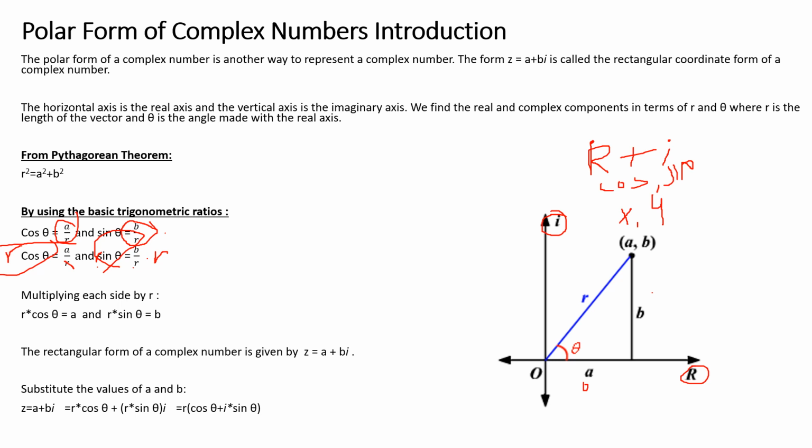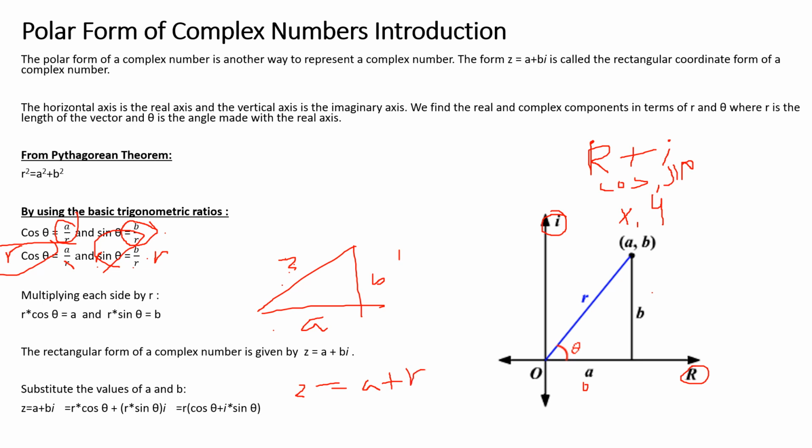So basically, what I'm looking at here is called the rectangular form. My z here, in the complex plane, this is my a, this is my b, but this is imaginary. My z is going to equal my a plus bi.